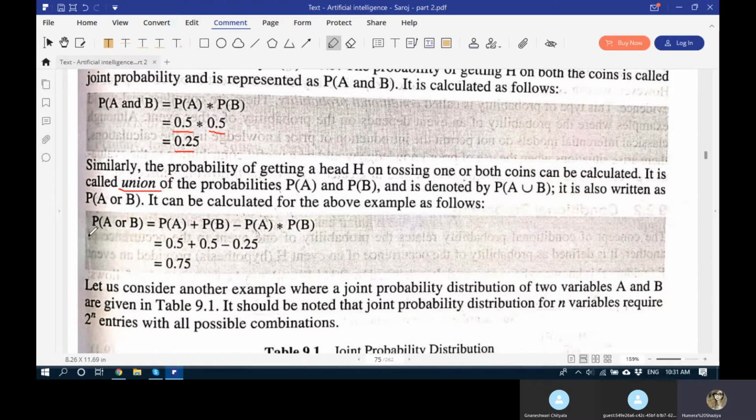So this is done by using P of A or B, and P of A or B is denoted by P of A plus P of B minus P of A into B. When you substitute and solve this, it is P of A 0.5, P of B 0.5, and P of A into B is 0.25. So totally you get 0.75.